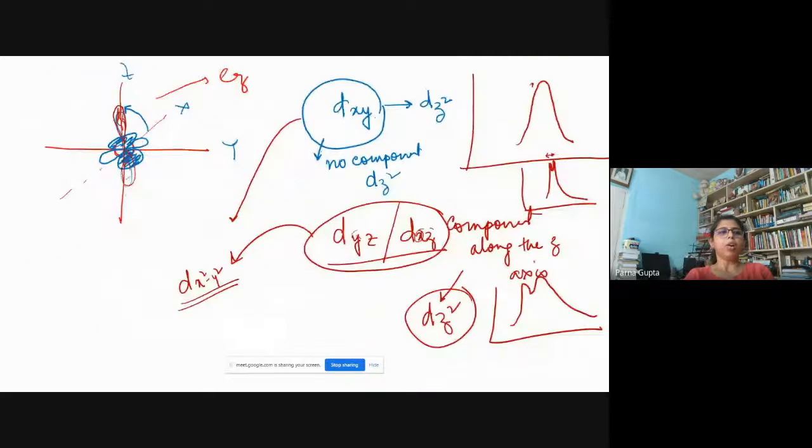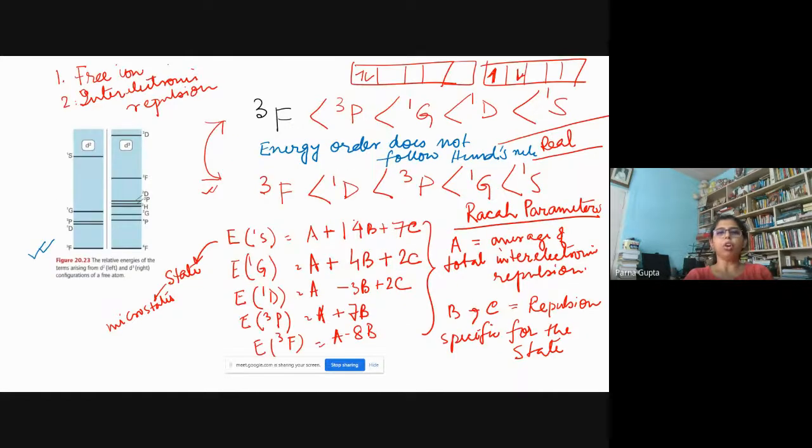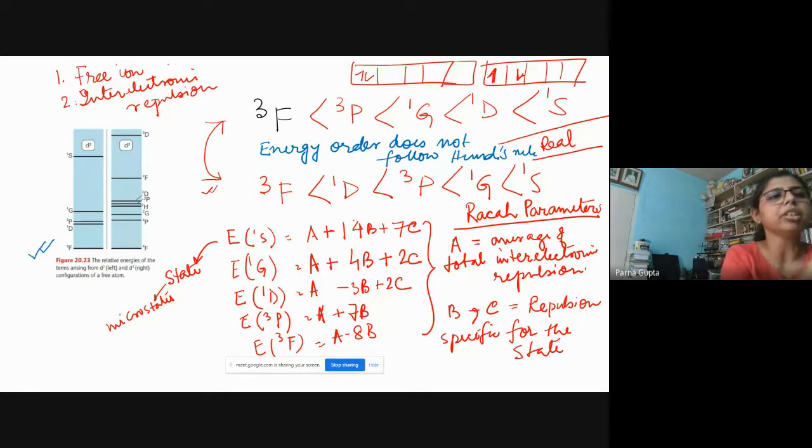Okay, another thing I forgot. Let me just tell you one thing. I am just writing it, I shall not explain it today. There are points when you have C greater than 5B, which is a little bit different.